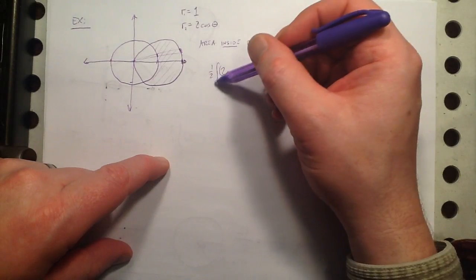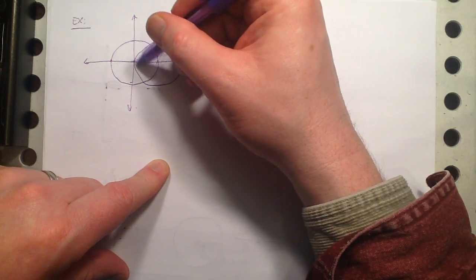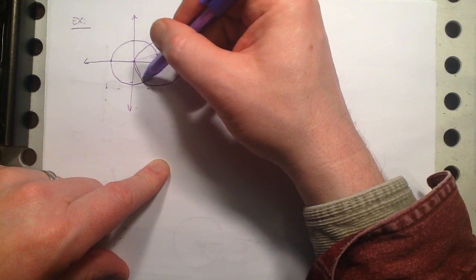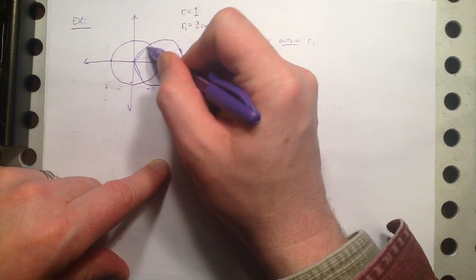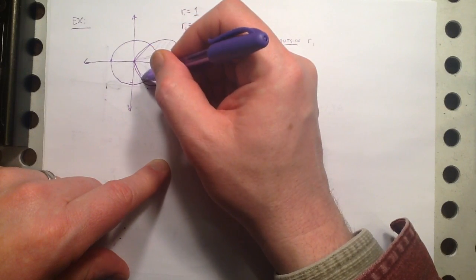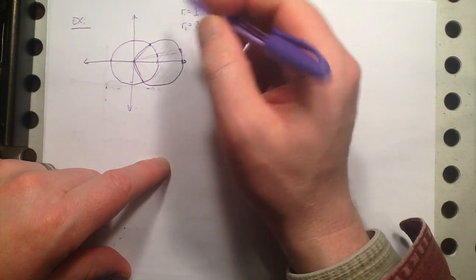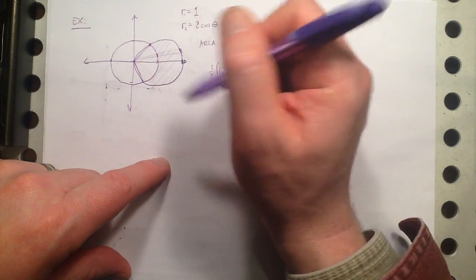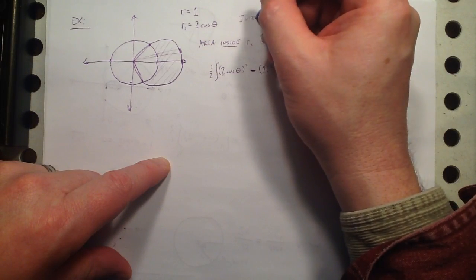Now the question is, from where to where? So here we have to think polar again. I'm starting by looking here, and I'm ending looking here. Now, what are those angles? Those are the angles where the two curves intersect each other. So where do they intersect?